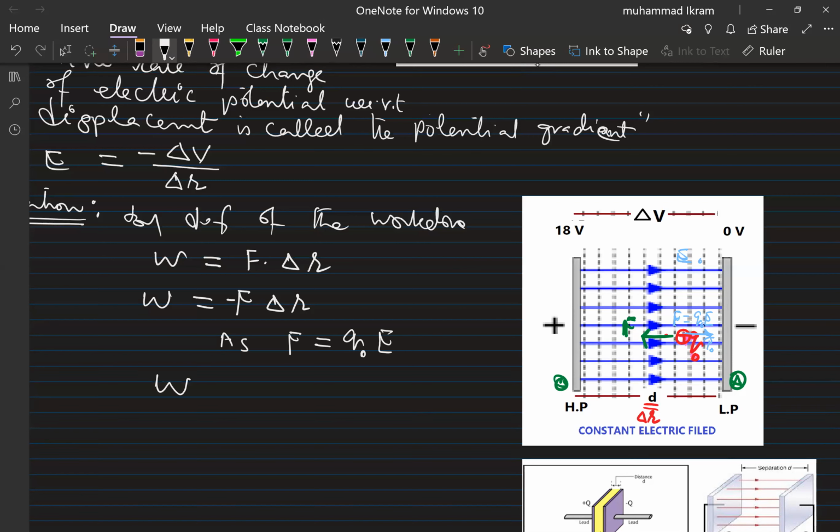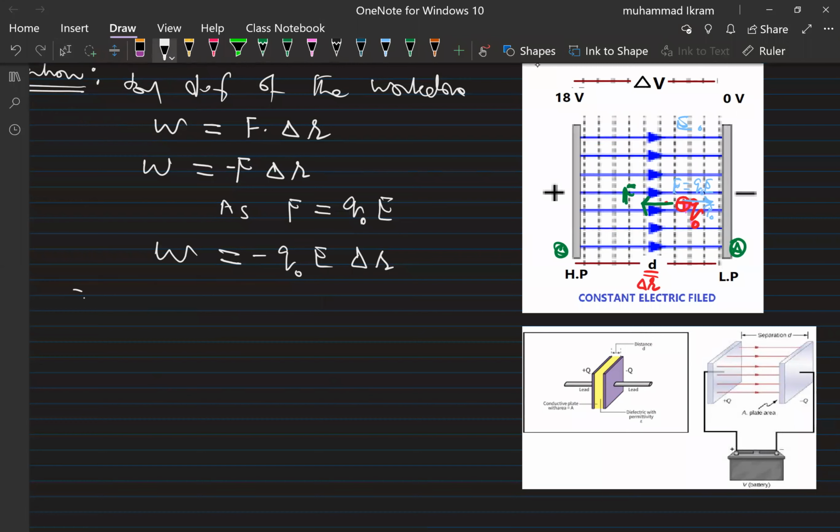Then the work done will be equal to minus Q naught E into delta R. Or simply we can say that this E is equal to the work done W from A to B, into q naught.